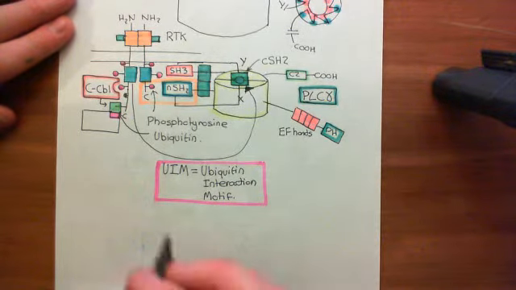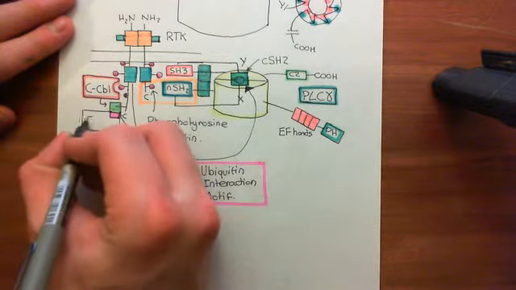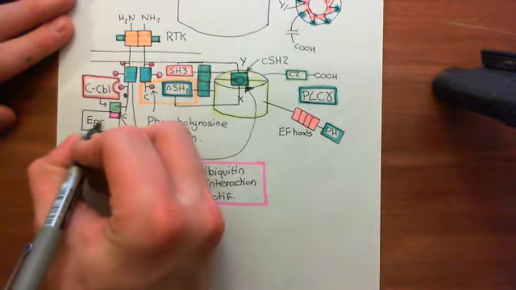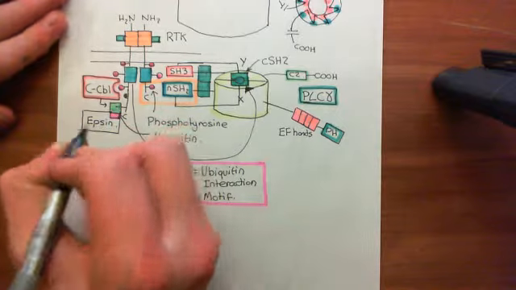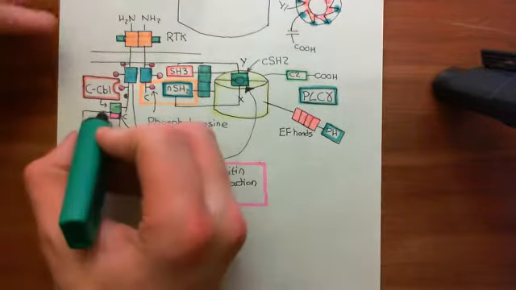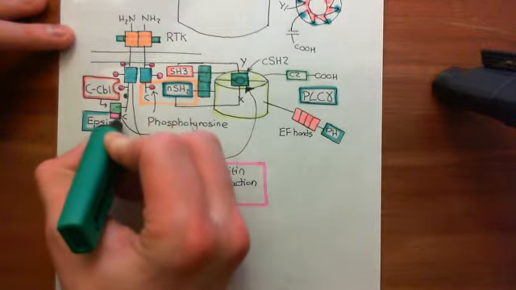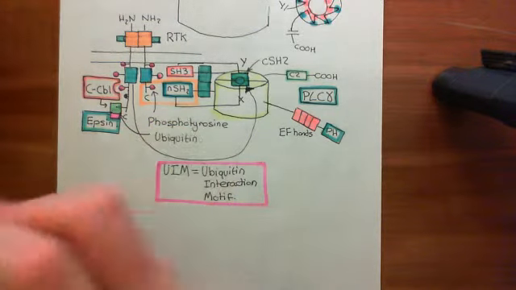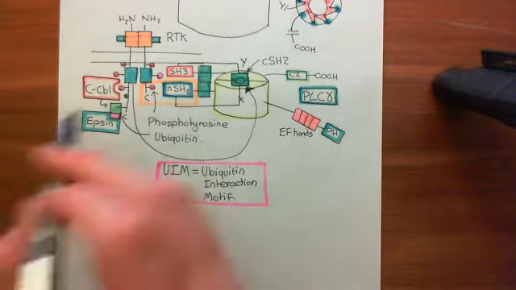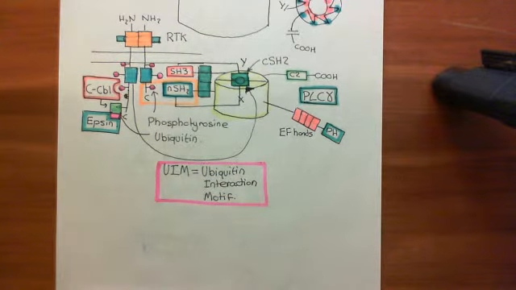Now, what's an example of a protein with a ubiquitin interaction motif? One example is a protein called epsin. So this protein epsin, which has a ubiquitin interaction motif, is going to come and bind to this ubiquitin group that's been attached onto the receptor tyrosine kinase by the C-cBL protein.